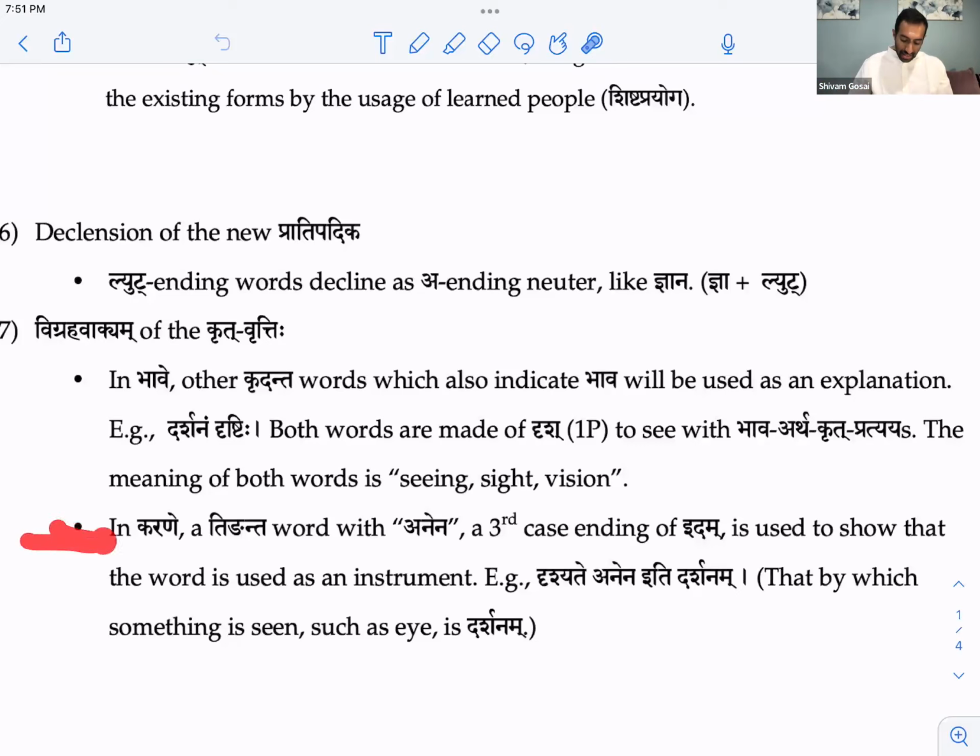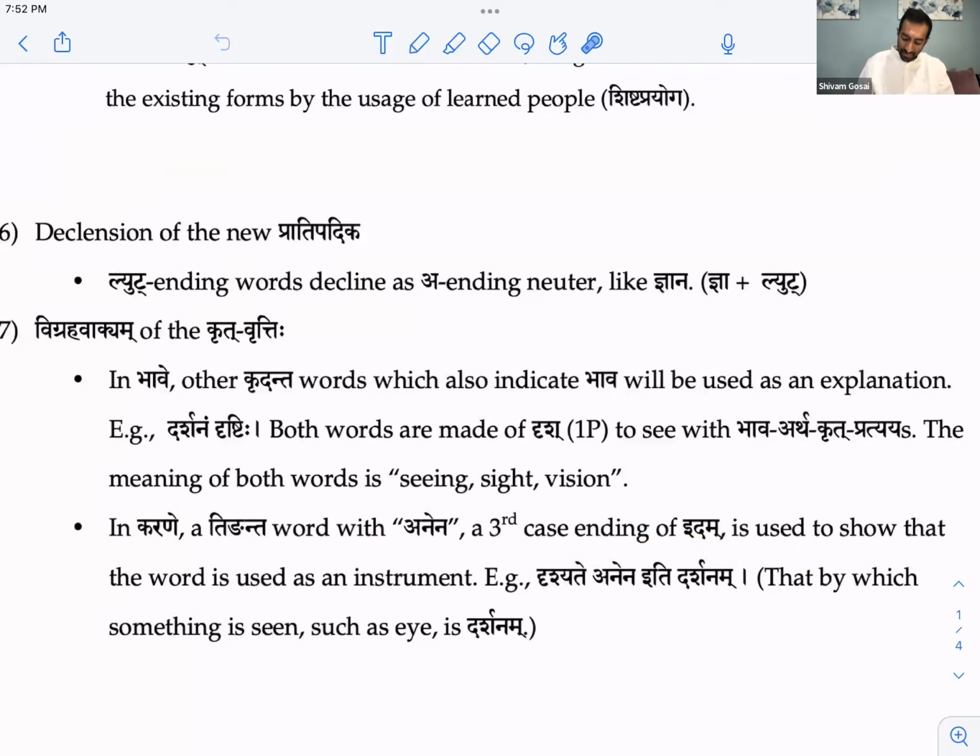Now, if we're doing it in karana, a tinganta word with anena, a third case ending word of idam, is used to show that the word is used as an instrument. So for example, you see the sentence, drishyate anena iti darshanam.